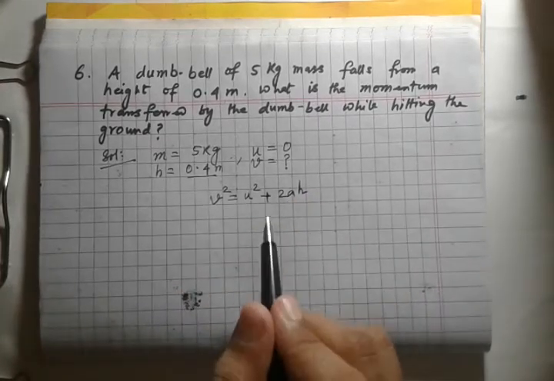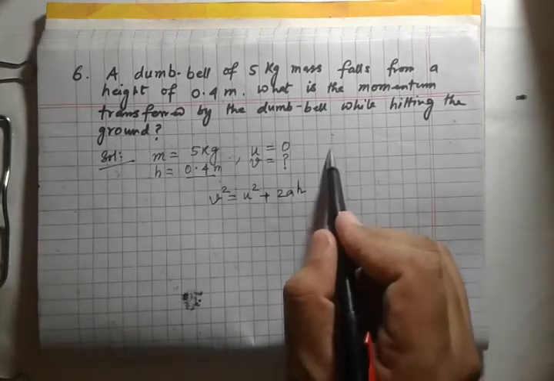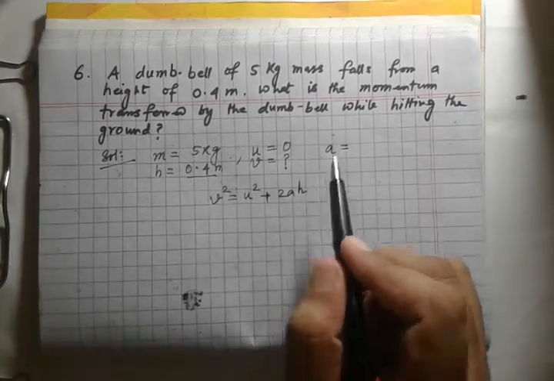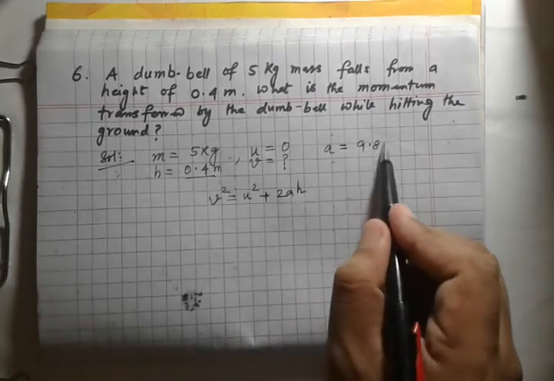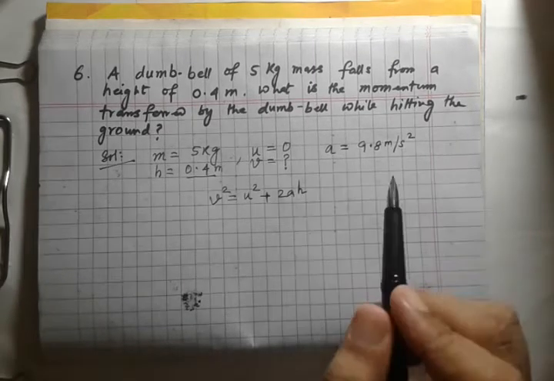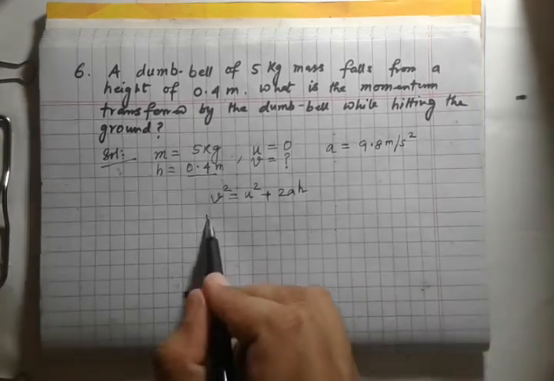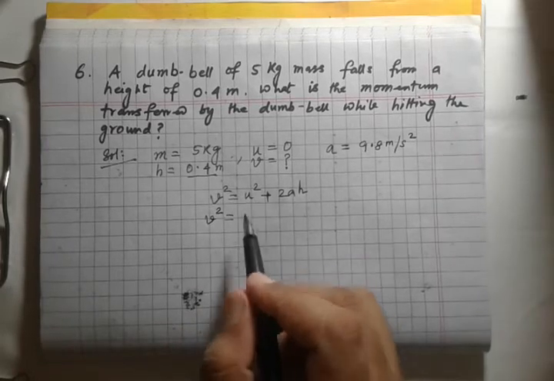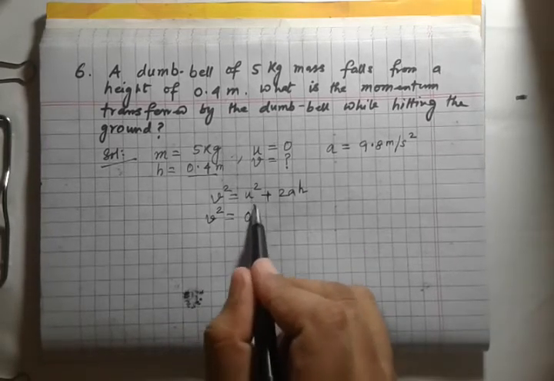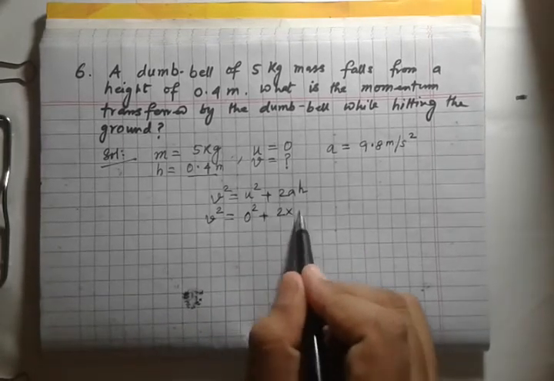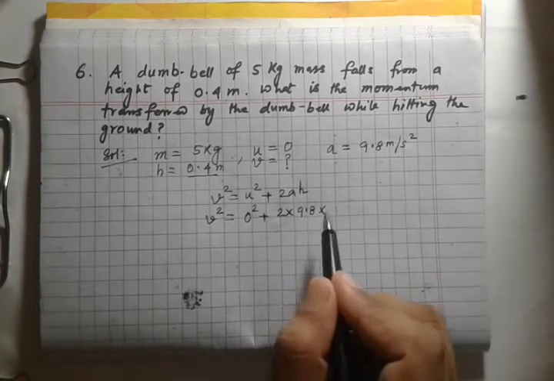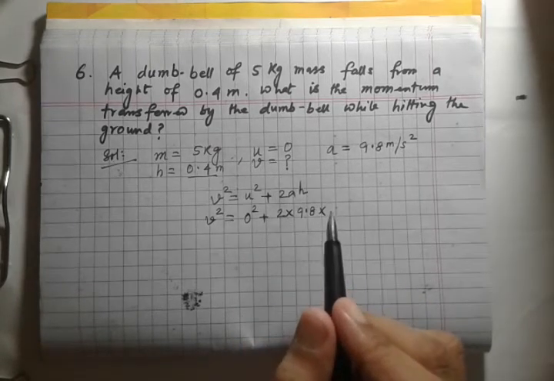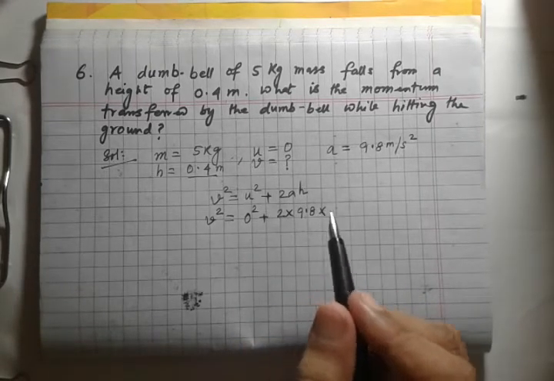So a, what value can we take? a is equal to acceleration due to gravity, which is 9.8 meter per second square. Now v square is equal to u square, which is 0 square, plus 2 into 9.8 into h. h is how much? h is equal to 0.4.